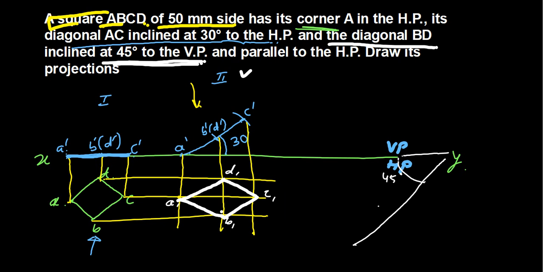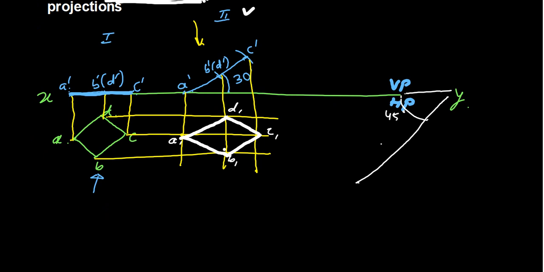Now here the angle BD should be at an angle of 45 degree. It means whatever this line BD, BD should be on the angle of 45. So just you represent whatever the distance of BD and mark on the 45 degree line.